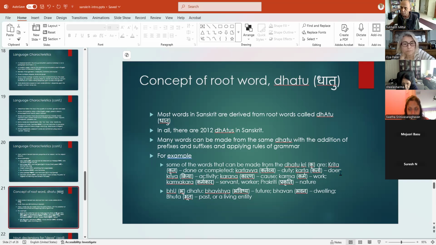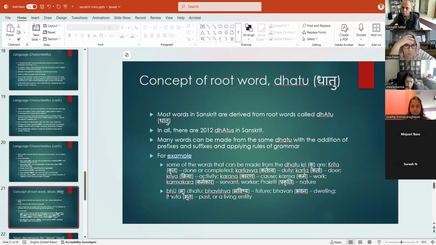Karta, someone who is the doer of something. Karmakara, one who is helping other people out by doing service, a servant or a worker. Prakriti, nature. All these are derived from the same root word kri. And like I said, there are hundreds of other words.